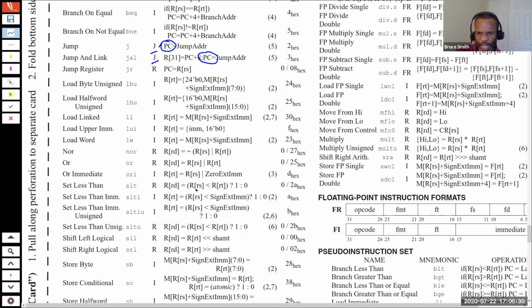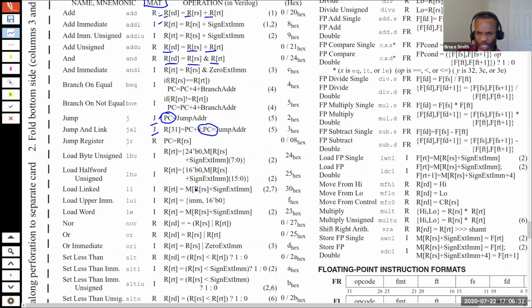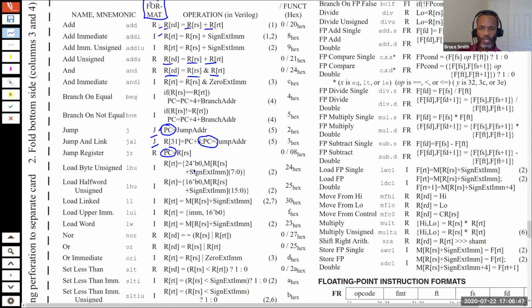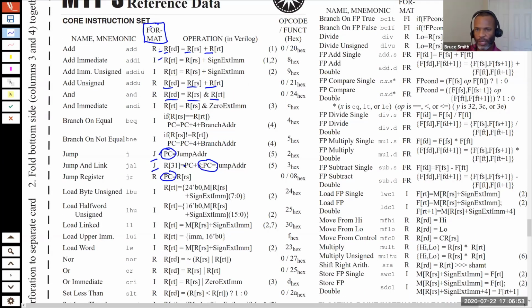And I think it is just those 3. Yes. So every time there's a jump, you'll notice that the program counter is changing. For right now, I just want us to focus on R and I formats.